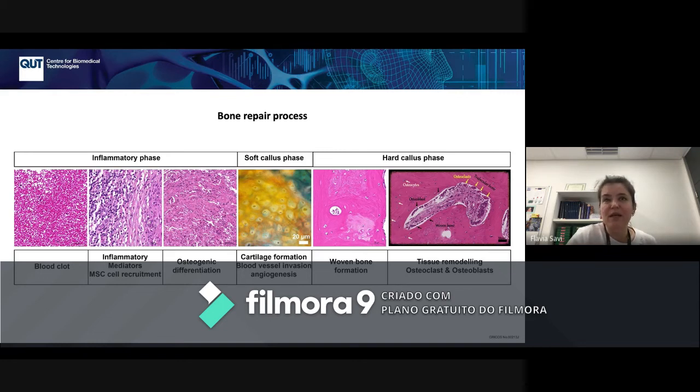It is less hard. It is a bone that does not have an organized structure yet. It is going to be organized later through the remodeling process, where the medullary cavity is going to be created again.